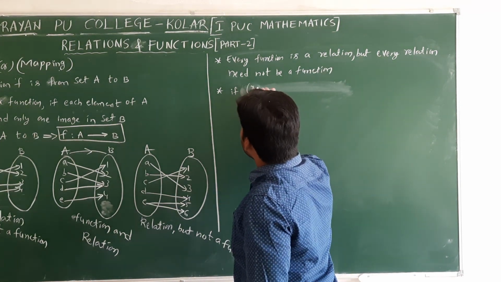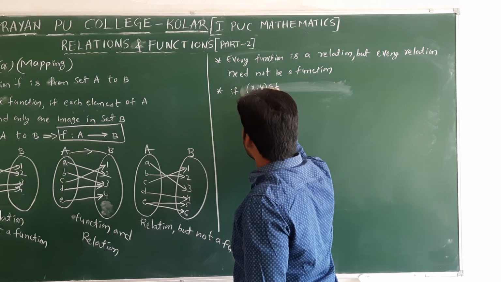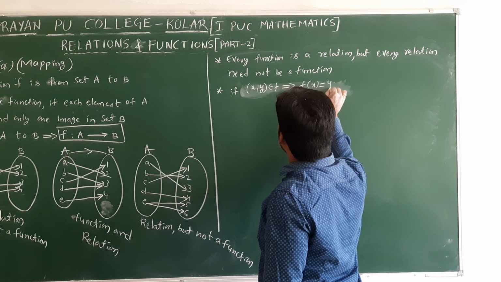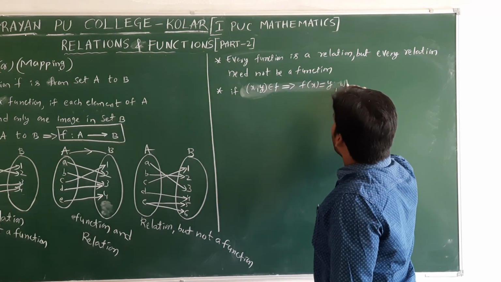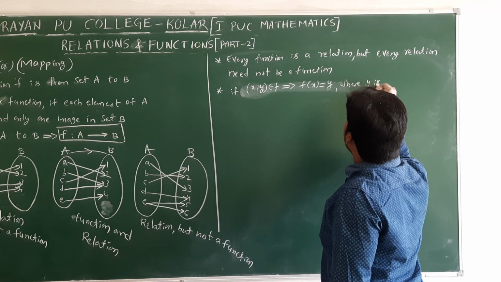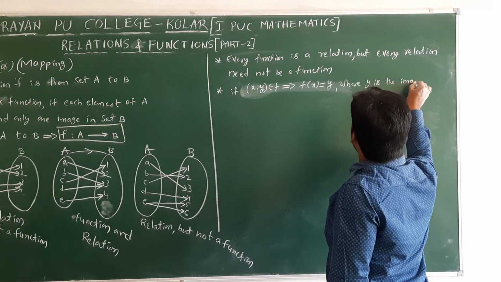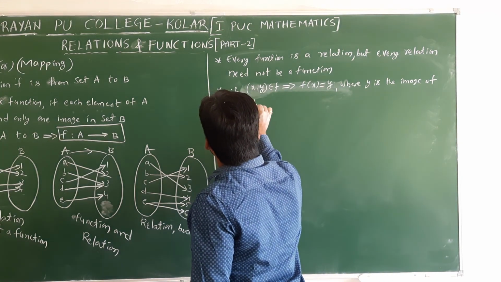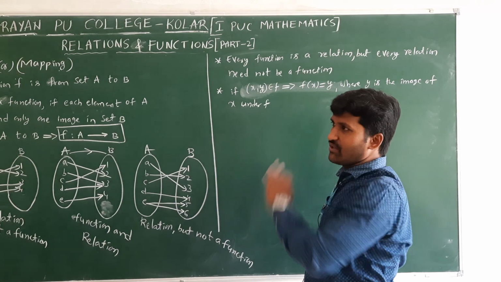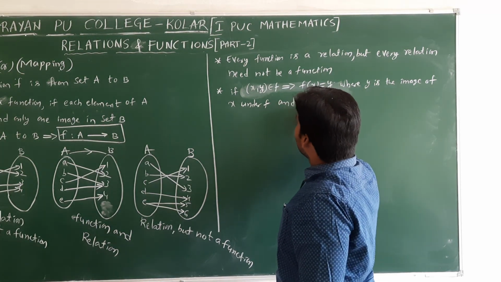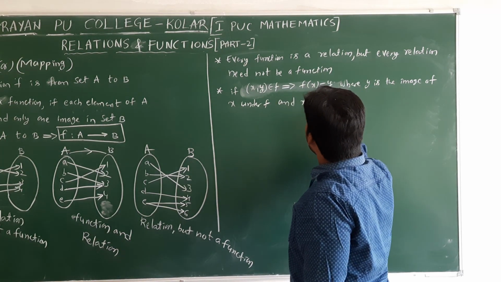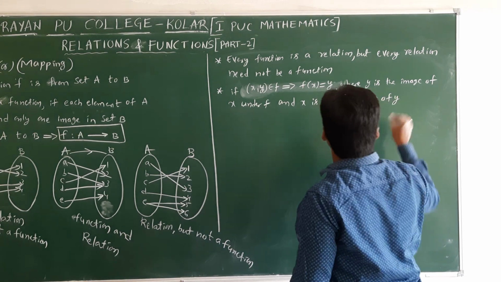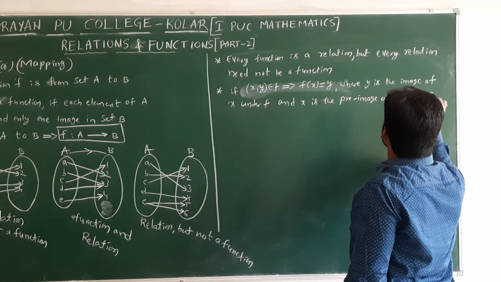If the ordered pair (x, y) belongs to the function, we can write f(x) = y, where y is the image of x under f, meaning under the function f, and x is the pre-image of y under the function f.